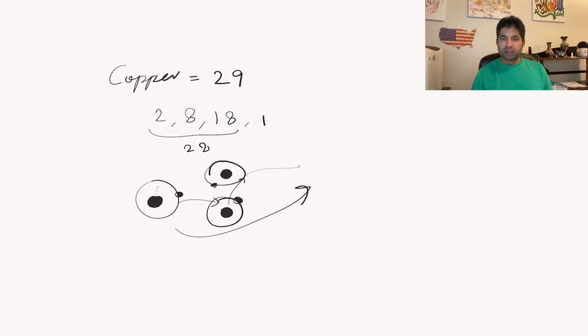Similarly, if you look at the periodic table, where you have copper, you also have silver. How many electrons does silver have? 47. If you follow this formula, you will see that it also has one valence electron.